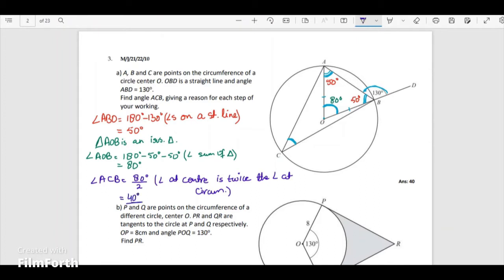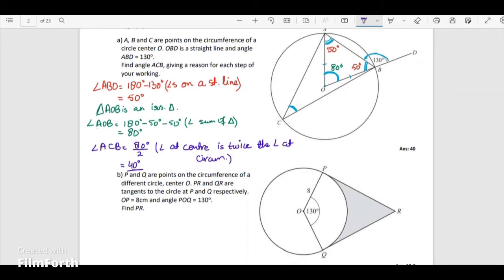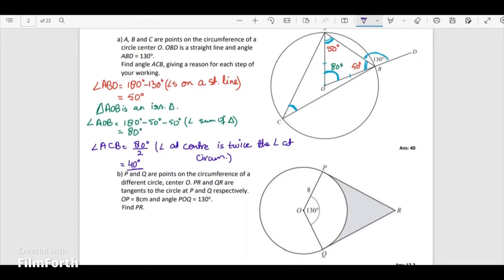And that's it. Coming towards the B part of question number 3, B part says that P and Q are points on the circumference of a circle, a different circle, center O. PR and QR are tangents to the circle at P and Q respectively, and OP equals 8 centimeters and angle POQ equals 130 degrees.